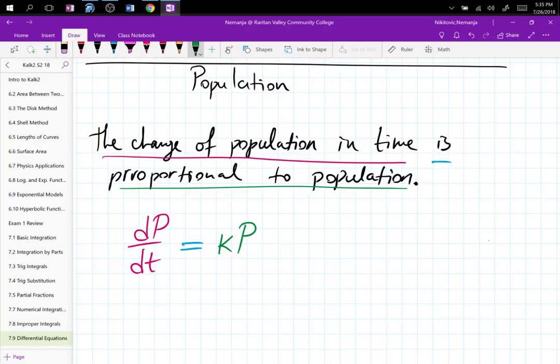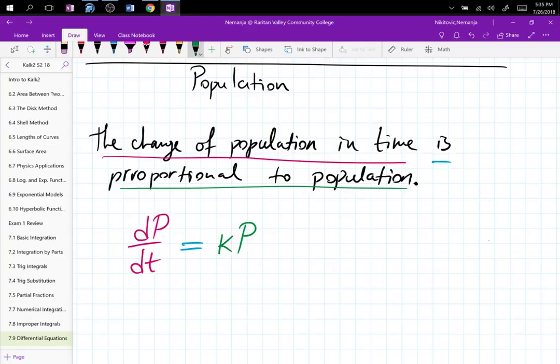In mathematics, when we say that two variables are proportional, we will write y equals kx. If the two variables are inversely proportional, we would write y equals k over x.